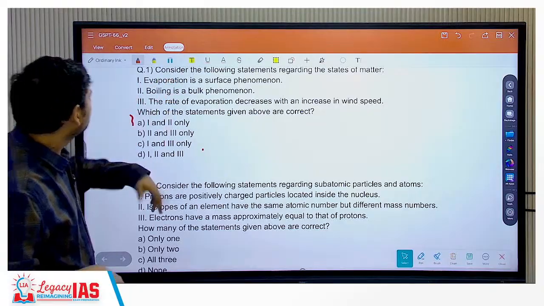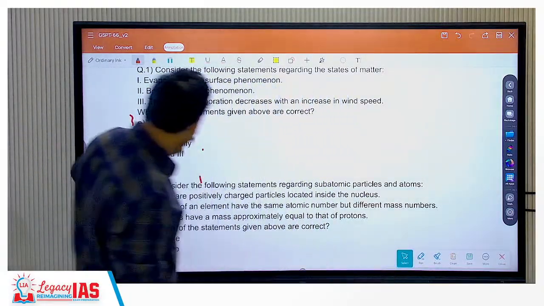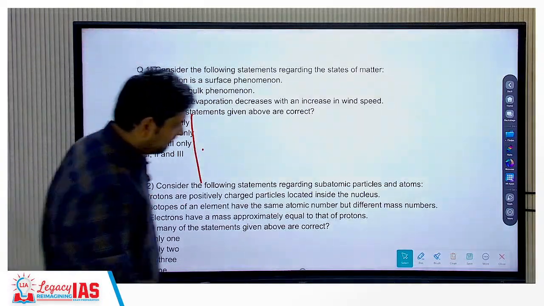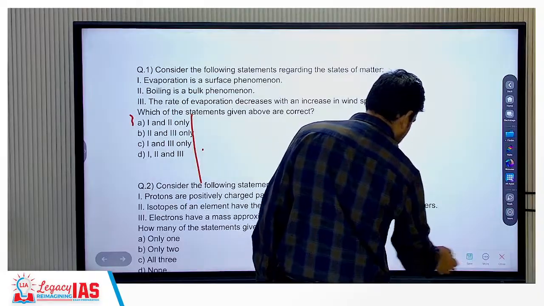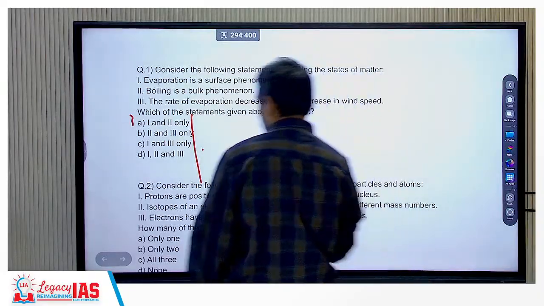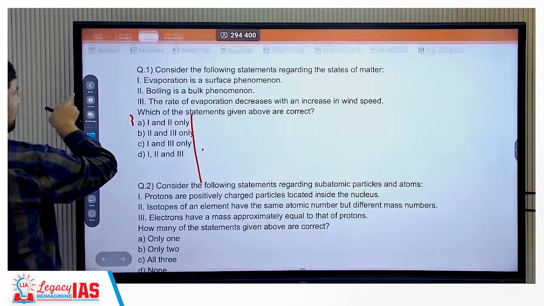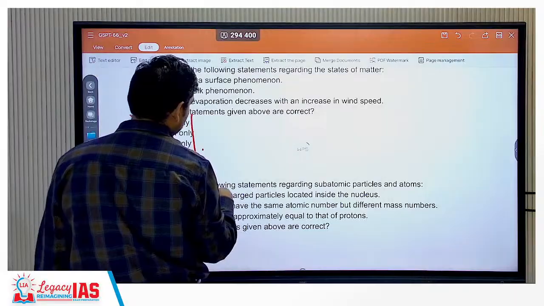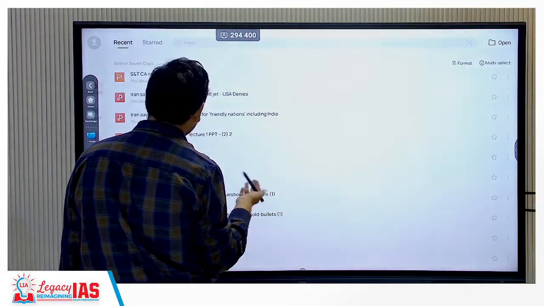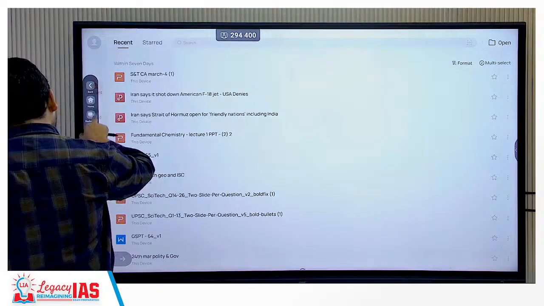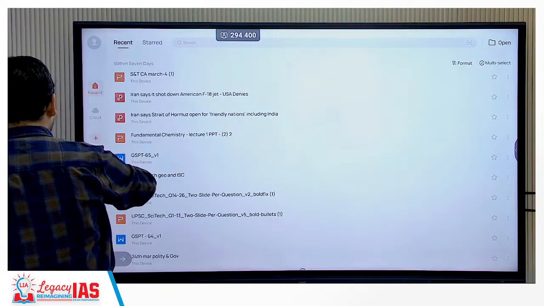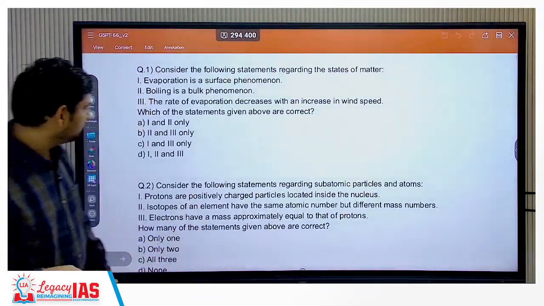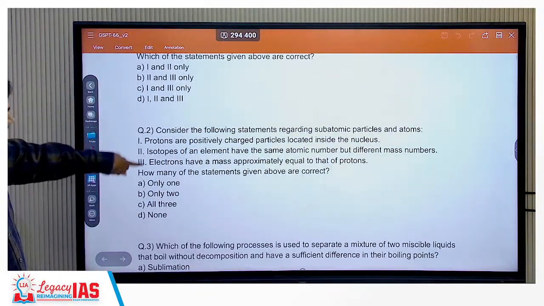It's removed. Okay, let it be. Then... yeah, so let's not use pen much.